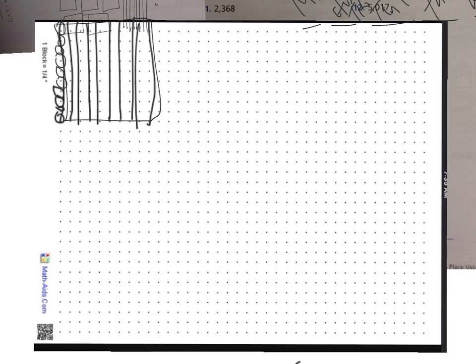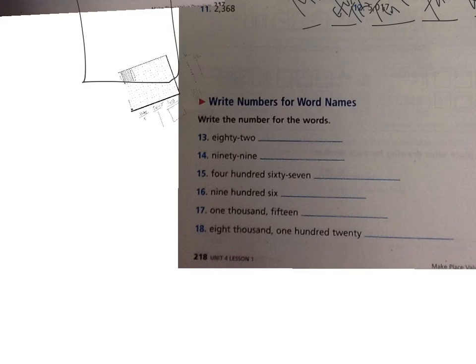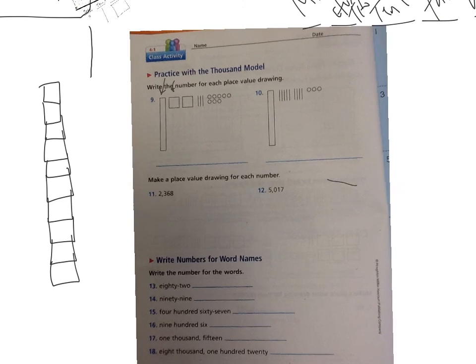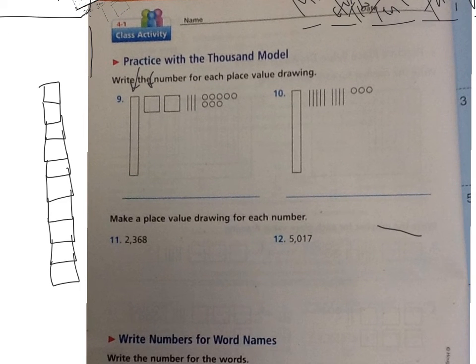So if I were to stack up 10 squares, 2, 3, 4, 5, 6, 7, 8, 9, 10, that would give me one giant rectangle standing on its feet. Notice that's what these marks are. These marks, these big sticks, represent 1,000.